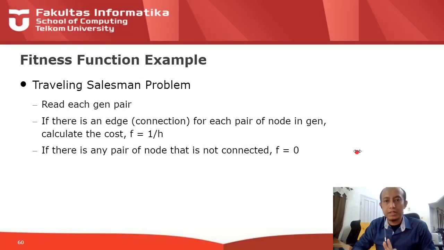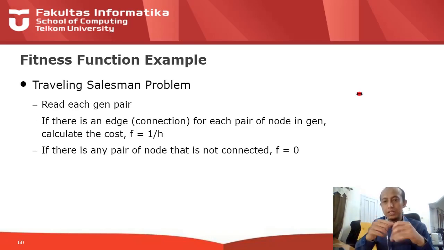Let's see some examples. For the traveling salesman problem, we can calculate the fitness function by reading 2 genes at a time, or a gene pair. So we evaluate the path between the two cities, and we do that until the last city visited, then going back to the origin city. If there is an edge connection for each pair of cities in the gene pair, then we calculate the cost.